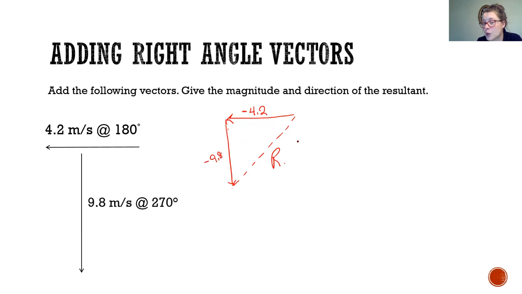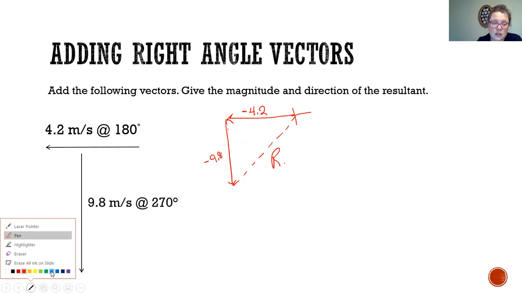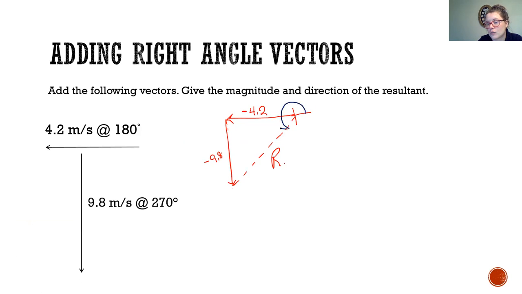And I want to know what's the direction, and we'll put our crosshairs in. I want to change colors on purpose here. What is the direction and the length of this blue line? All right, so we'll do our calculations. Start with the Pythagorean theorem.